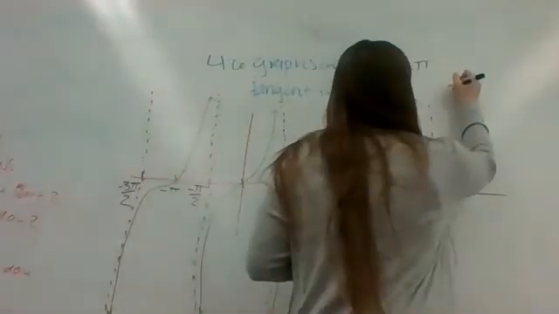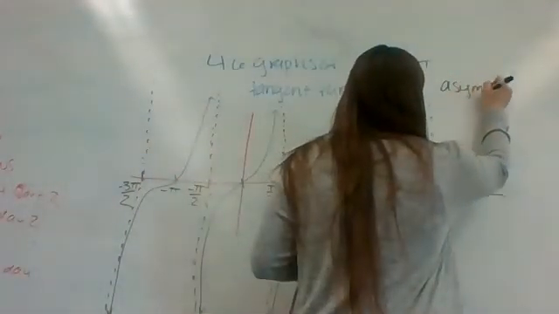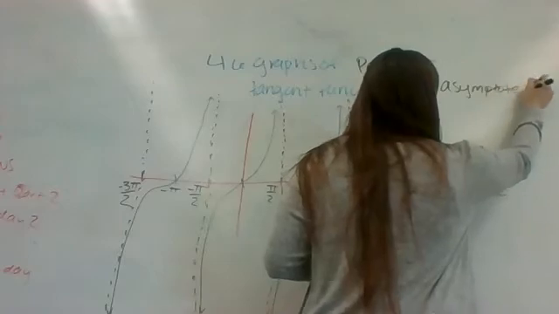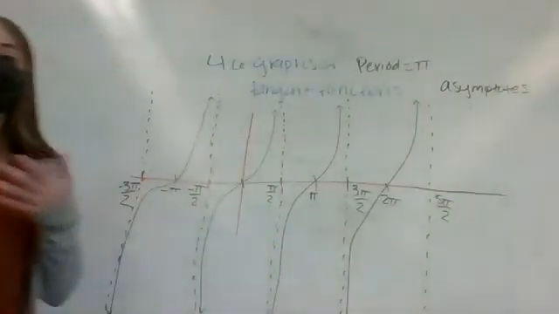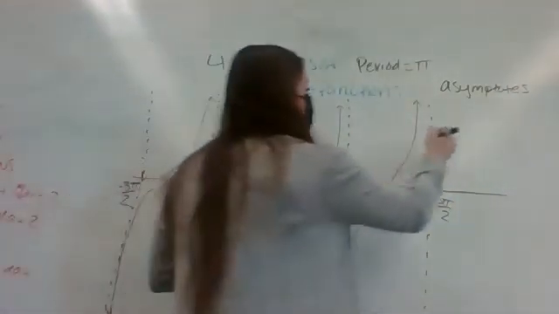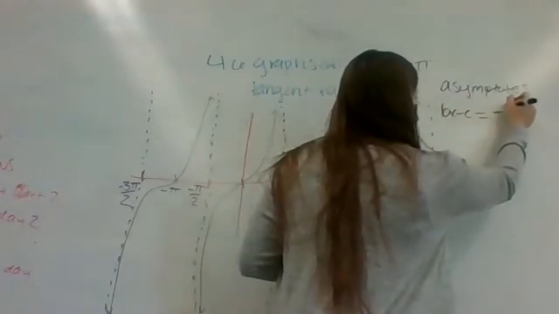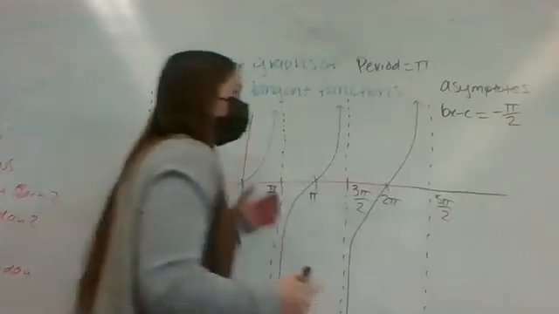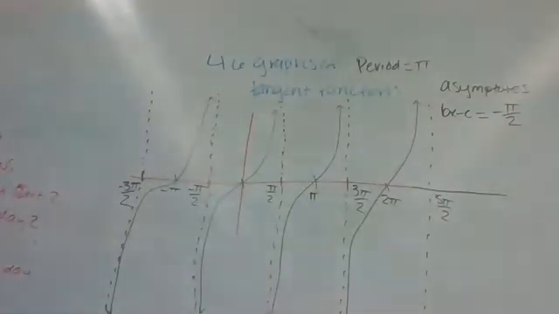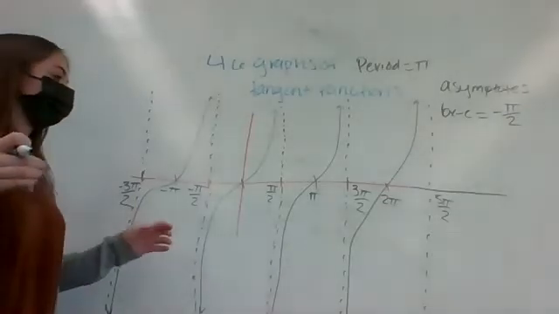So to find our asymptotes, it's a lot like how you found your left and right endpoints. We take that bx minus c and we set it equal to negative pi over 2. So that one's a lot different than the left endpoint, right?